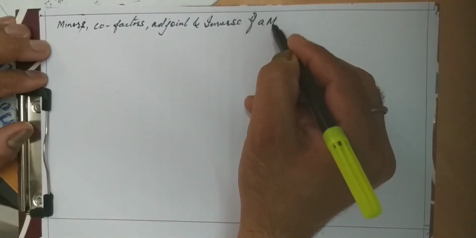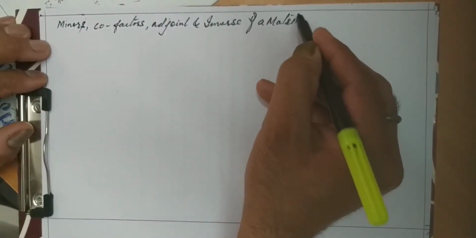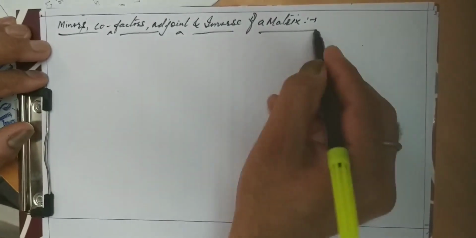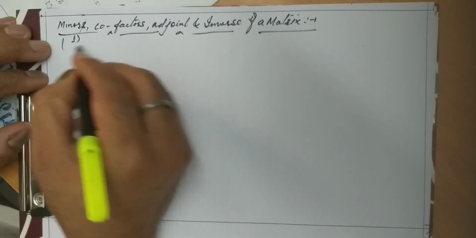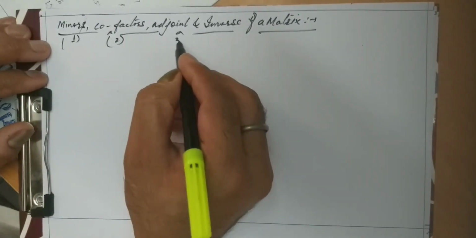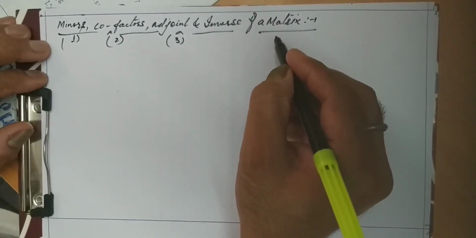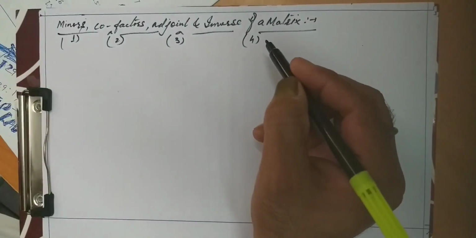Inverse of a matrix. These 4 topics we will cover. We will start with minors and then cofactors and then adjoint and then inverse of a matrix.